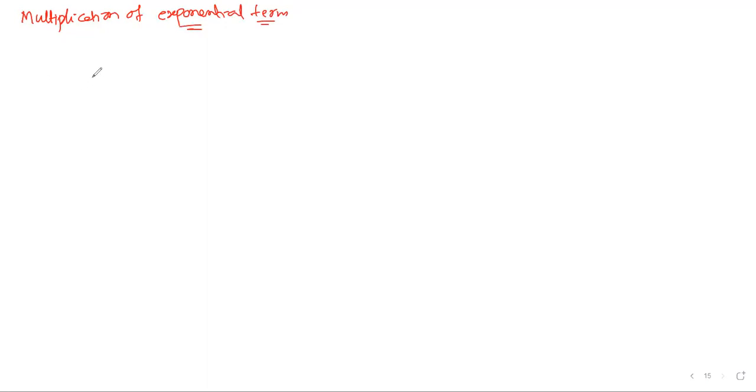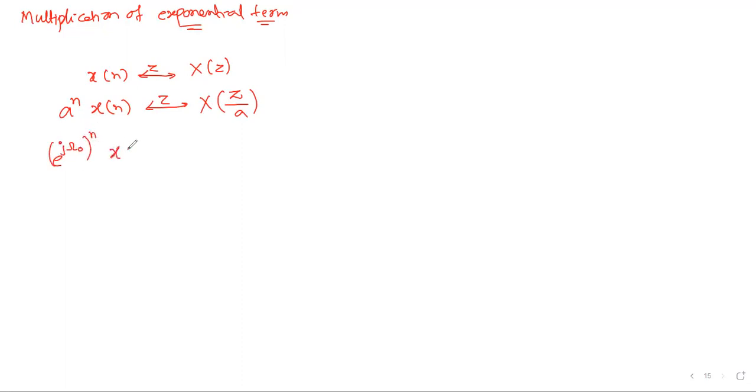Now, x of n has z transform x of z. If you multiply a power n into x of n, it will become x of z by a. Now, e power j omega naught whole power n, that means e power j omega naught n into x of n. What is the z transform?